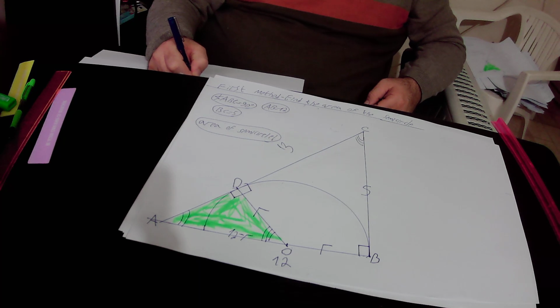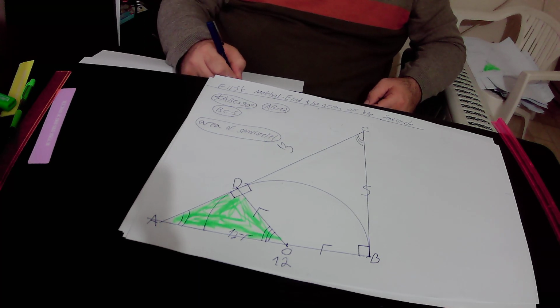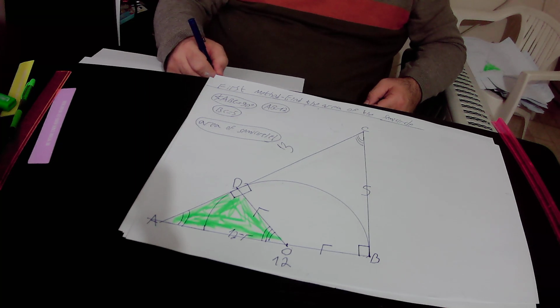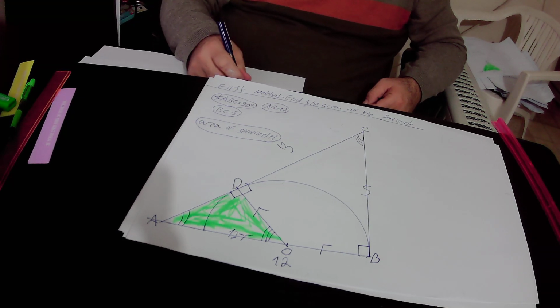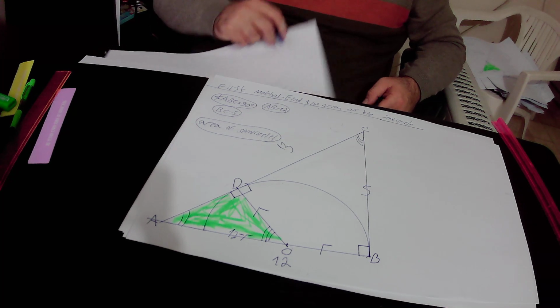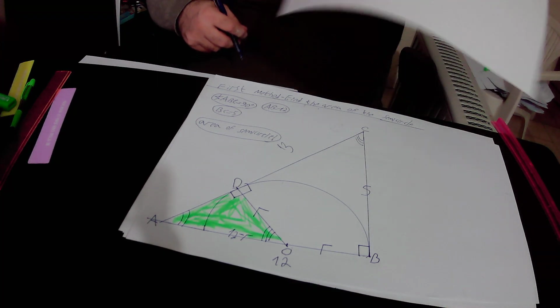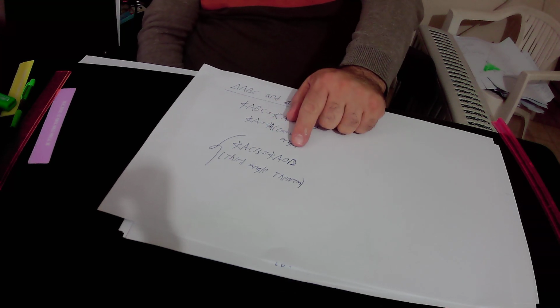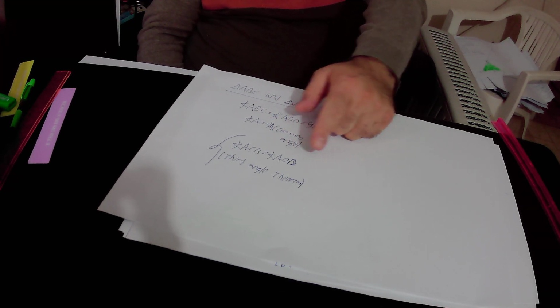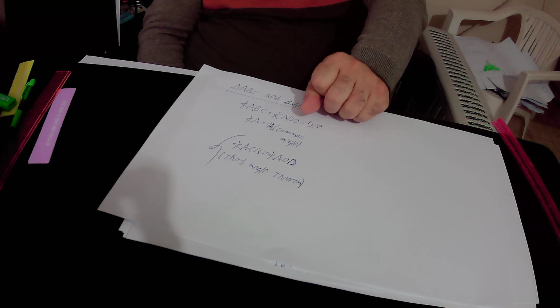And they are equal to each other according to the third angle theorem. I'll repeat again. Angle ACB equals angle AOD, and they are equal to each other according to the third angle theorem.